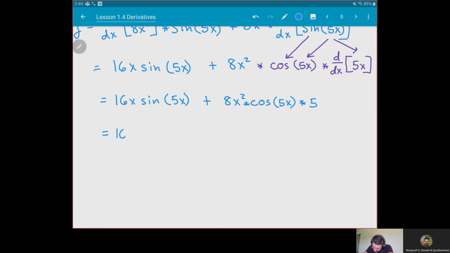And this gives me 16x sine 5x plus 40x squared cosine 5x.